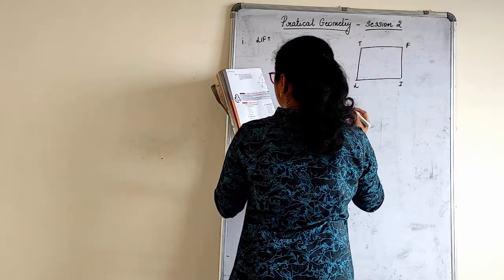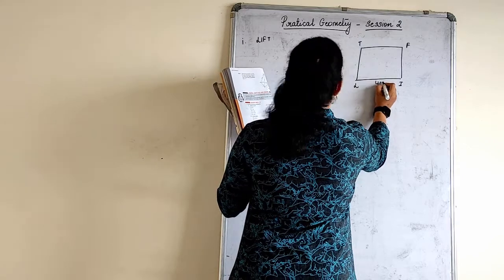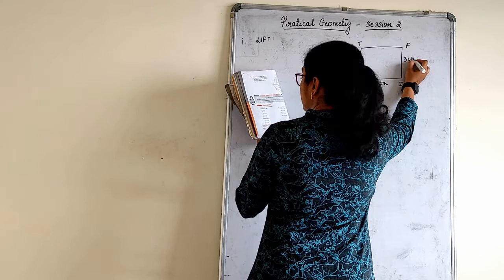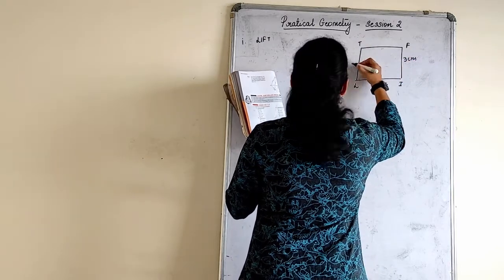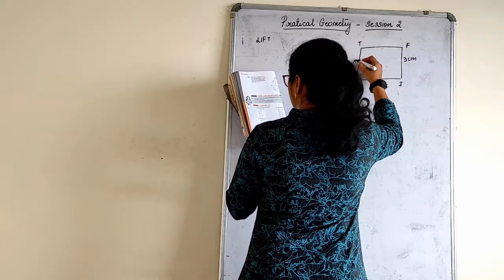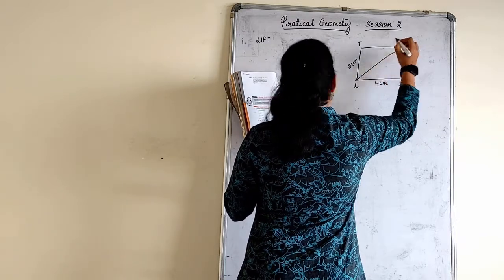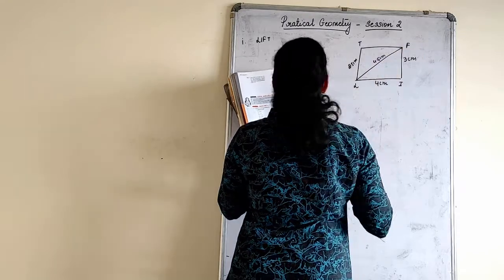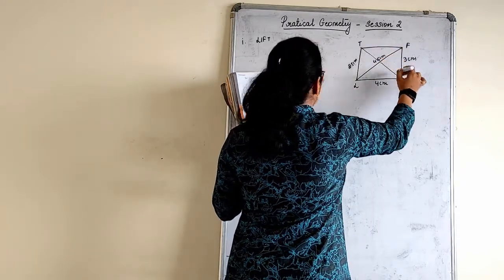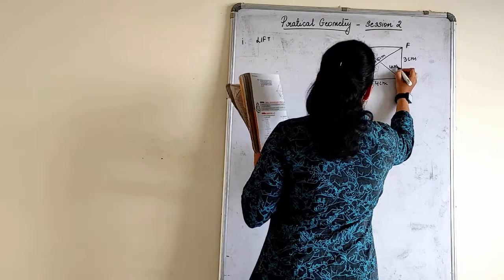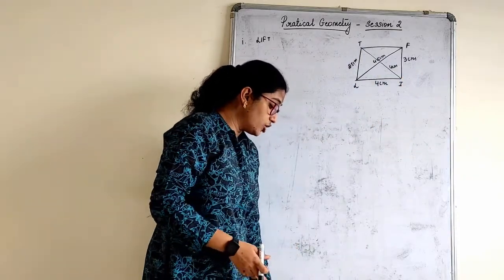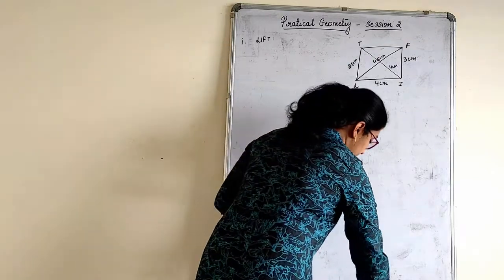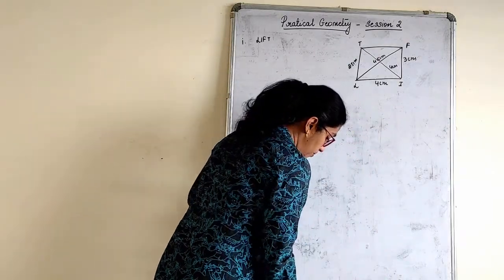LI is 4 centimeter, IF is 3 centimeter, TL is 2.5 centimeter, LF, that is one diagonal, is 4.5 centimeter, and IT, the second diagonal, measures 4 centimeters. That means we have a construction where 3 sides and 2 diagonals are given. Let us see how to go about this construction.